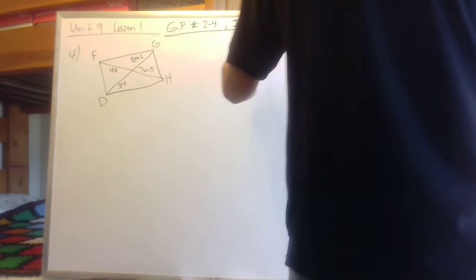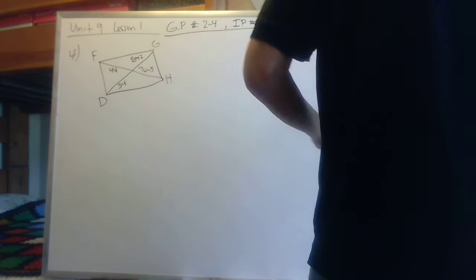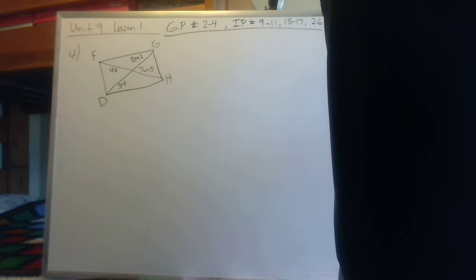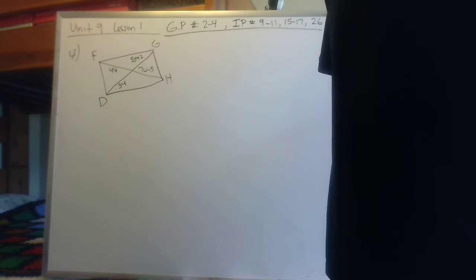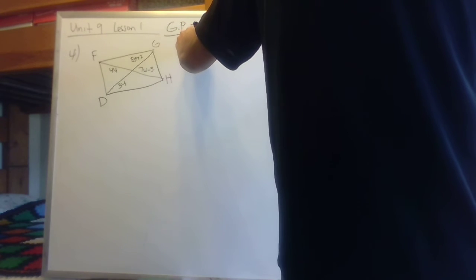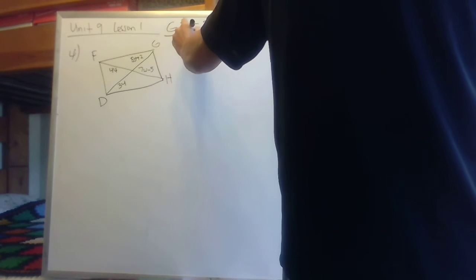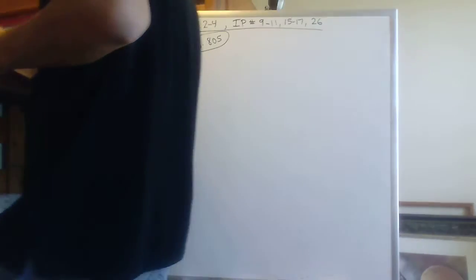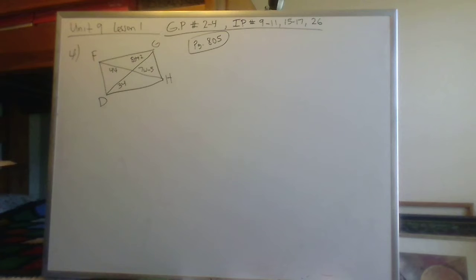So, there's another theorem that I want you to know about, especially when we're looking at diagonal lengths. This is on page 805 in your textbooks. It's very important. And essentially, it tells you about diagonal lengths.